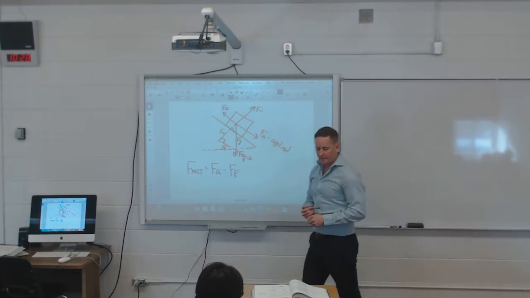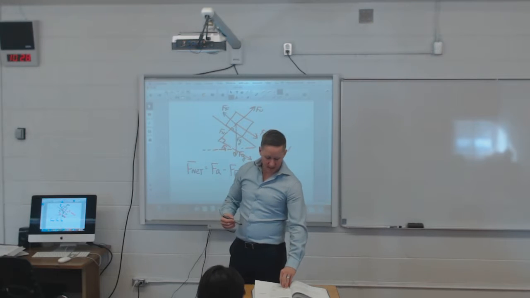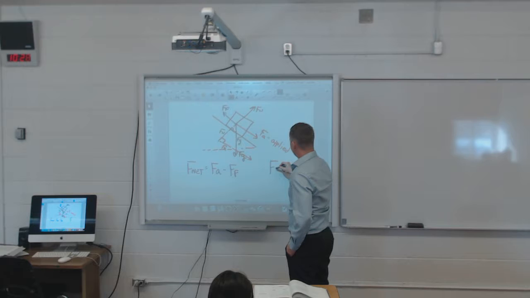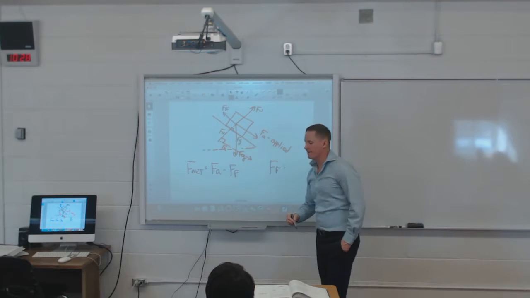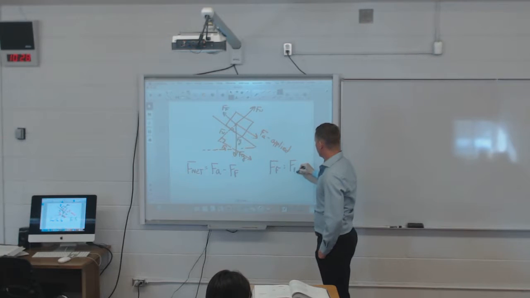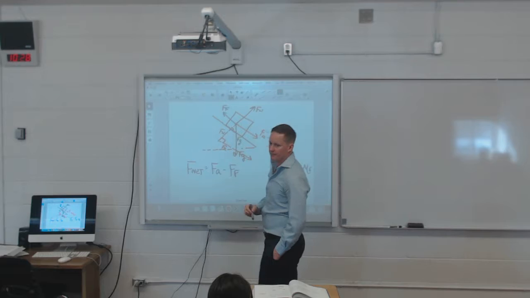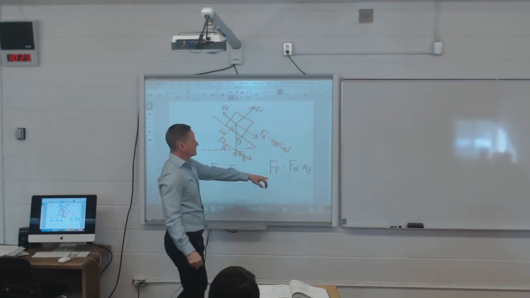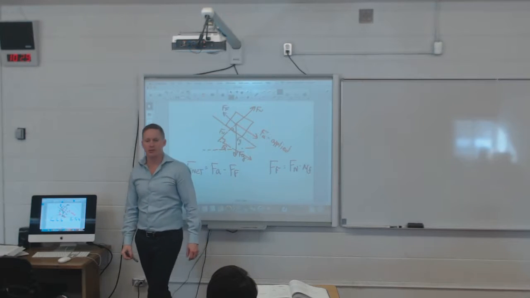There's one more thing that we apply equation-wise on this. I can calculate my force of friction by taking my normal force and multiplying it by the coefficient of friction. That little micro f represents what we call the coefficient of friction.